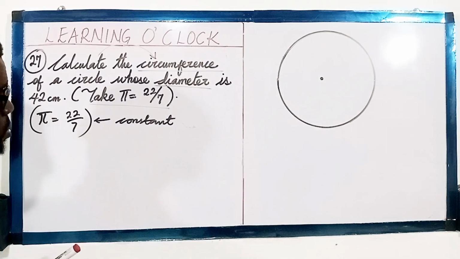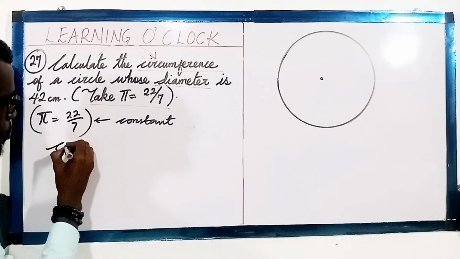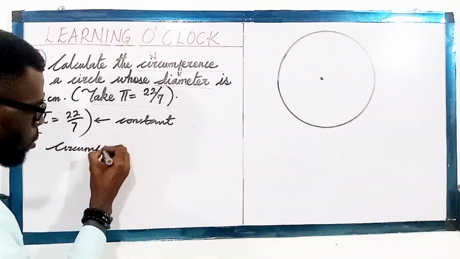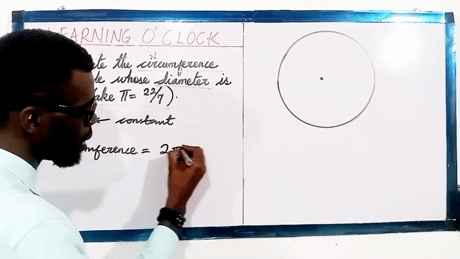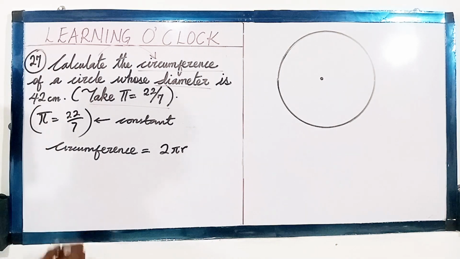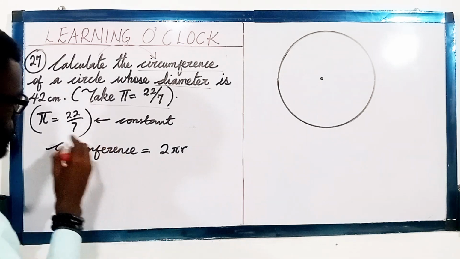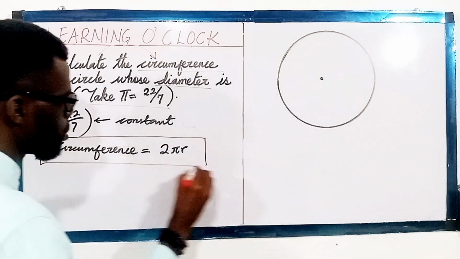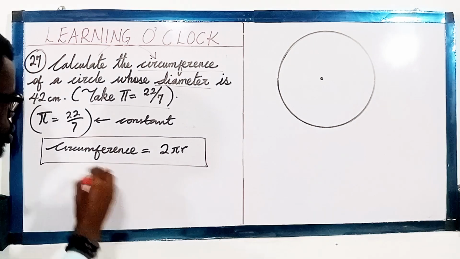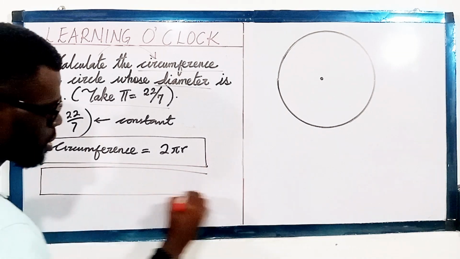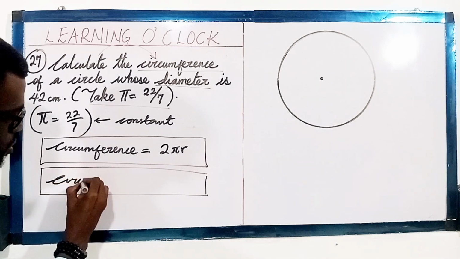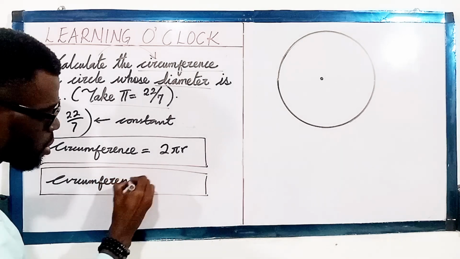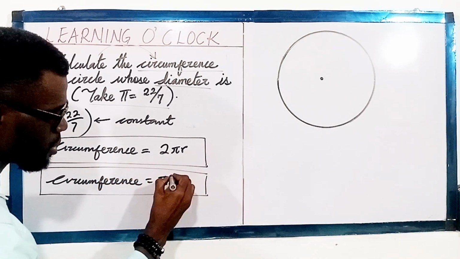The circumference of the circle is equal to 2 pi r. In some cases, the circumference of a circle could be pi d.